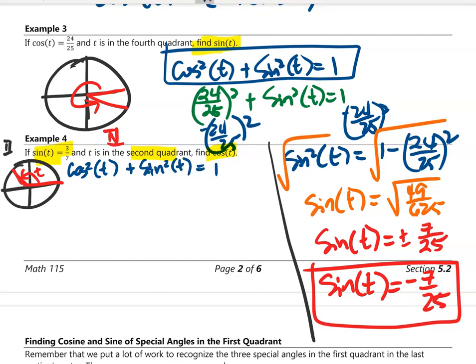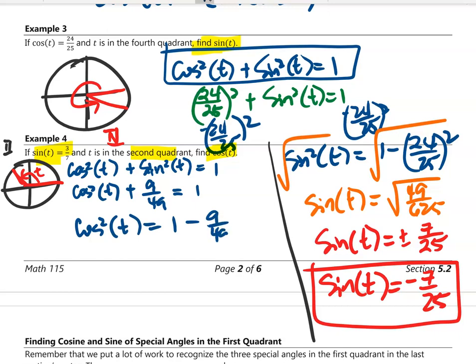Sine t is 3/7 squared, so that is 9 over 49, is equal to 1, and then subtract 9 over 49, so 1 minus 9 over 49, and then square root.